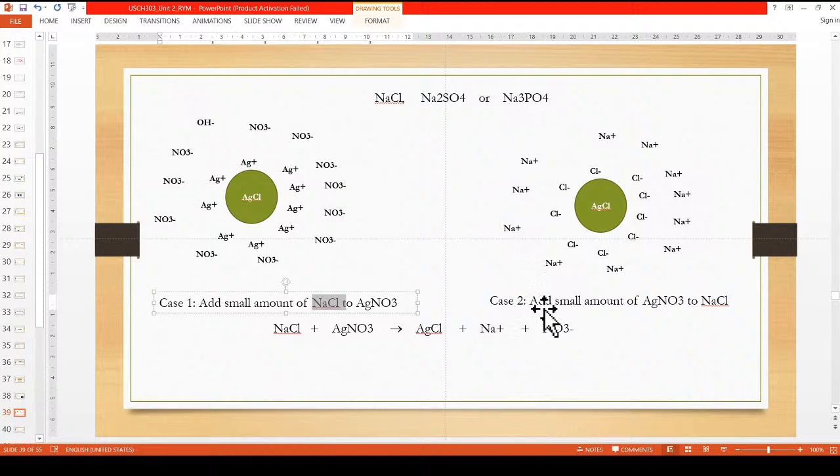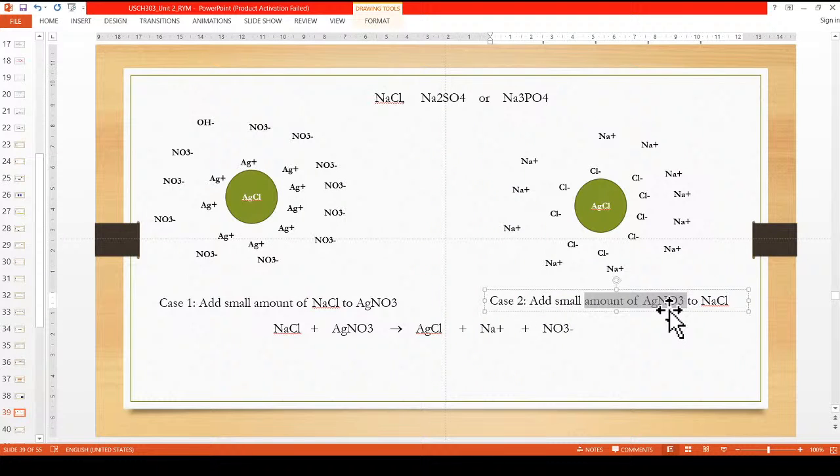In the same way, if we add a small amount of AgNO3 into NaCl, now what is the host? NaCl is your host and you are adding AgNO3 into it. As soon as you add AgNO3 to NaCl, there will be formation of AgCl.